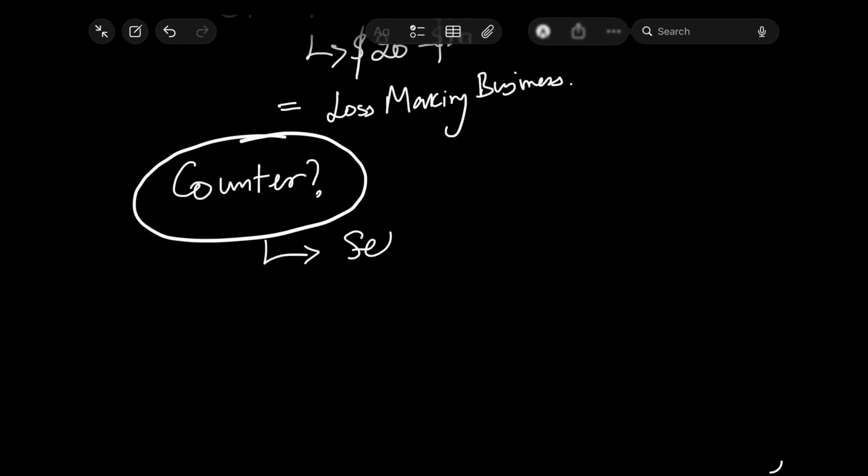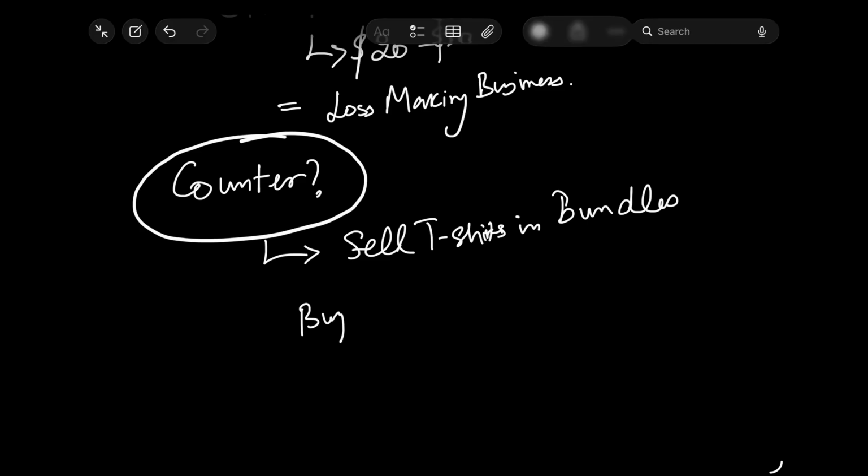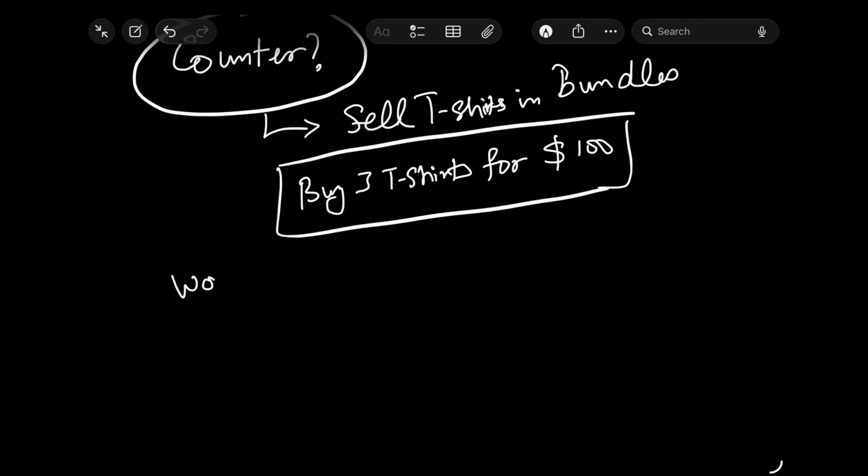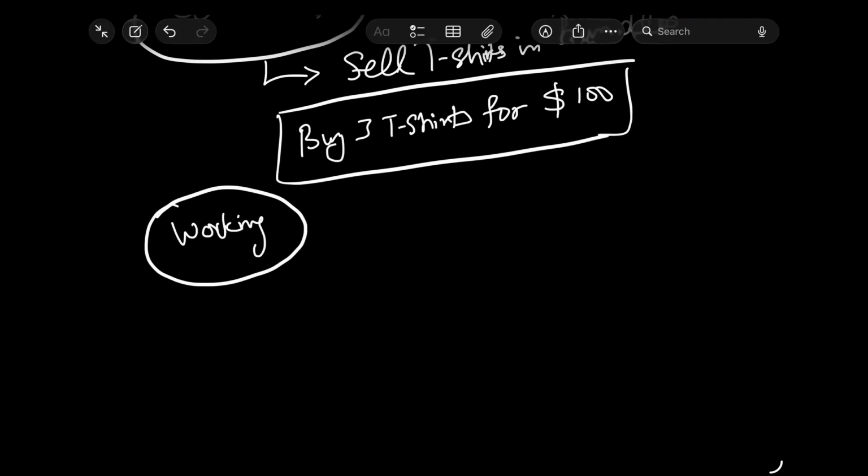Rather than selling a single t-shirt, sell bundles. You can do a campaign that says, like, buy 3 t-shirts for $100. How will this help? Let's calculate. If your cost per t-shirt is $20, that means 3 t-shirts will cost you $60, right?